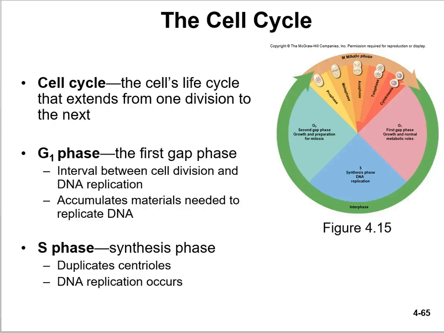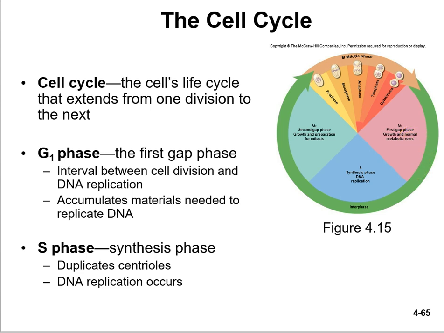Replication of DNA is going to have to take place somewhere along the lines here of a cell cycle. The cell cycle is the cell's life cycle that extends from one division to the next. The G1 phase, or what's called the gap 1 phase, is the interval between cell division and DNA replication. We can see it right here.